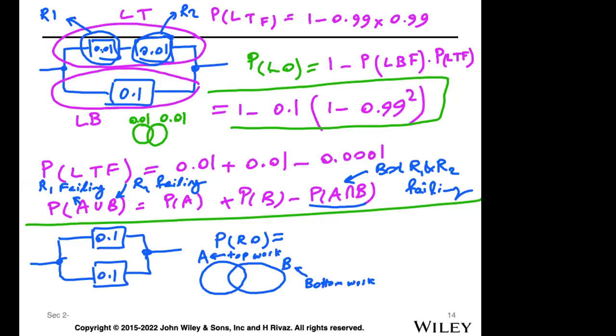So the probability of the right part working is equal to either the top part has to work or the bottom part has to work. So this is equal to the probability of A union B, and that is probability of A plus probability of B minus probability of the intersection, right? And that is equal to P of A, the probability of the top part working, is 0.9. The probability of the bottom part working is again 0.9. The probability that both of them work is 0.9 to the power 2.